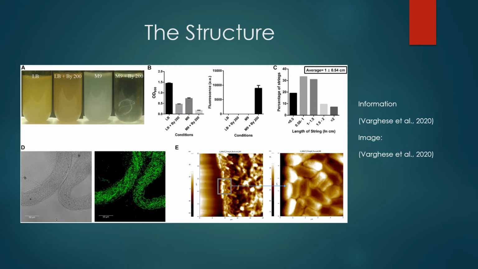Unlike the planktonic cells, which are susceptible to antibiotics, strings are more resilient to antibiotics and oxidative stress. Also, unlike strains lacking csgD or rpoS, which are defective in the classical RDAR biofilm formation, strains without csgD or rpoS form strings.